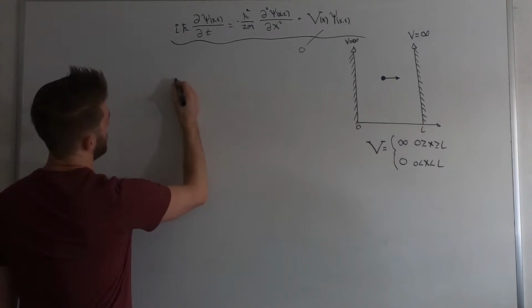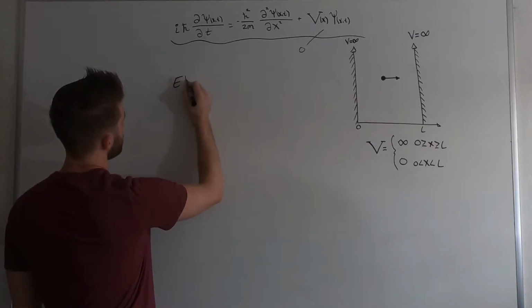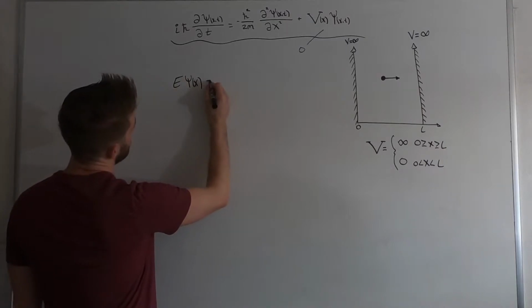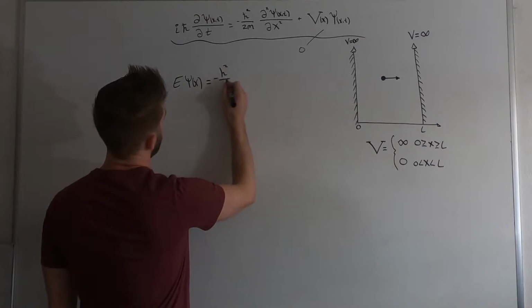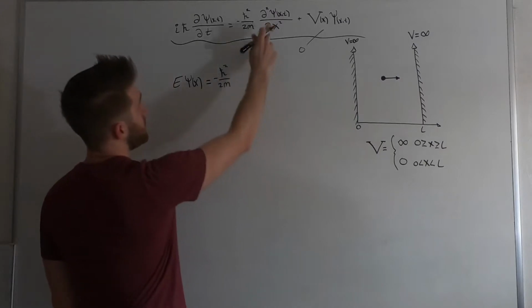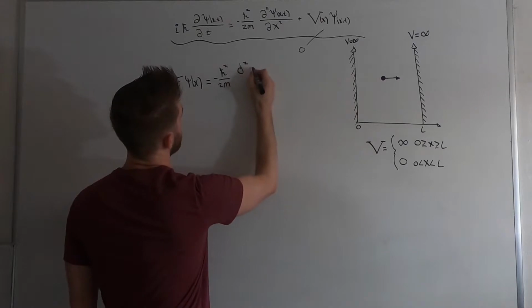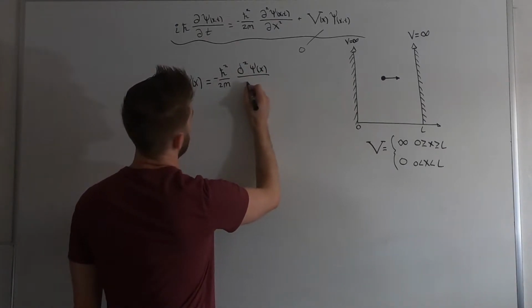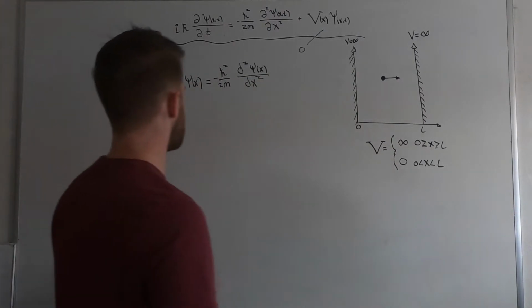So we have the total energy, or our eigenstate energy, E times psi of x, is equal to minus h bar squared over 2m, where we now no longer need a partial derivative. We can just write d squared psi of x over dx squared. Okay, cool. That's definitely more manageable.